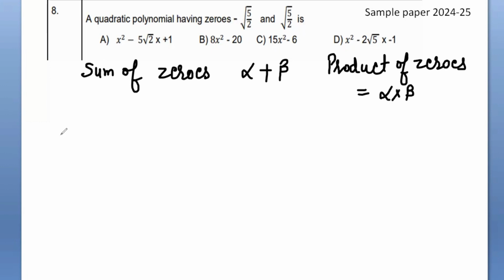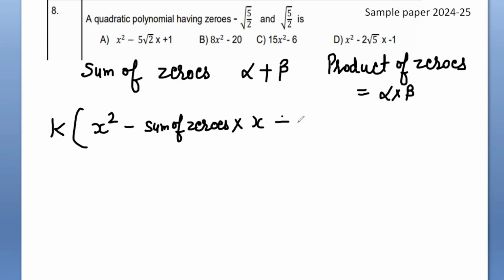Then we can write a quadratic equation as k, which is a constant, times x squared minus sum of zeros into x plus product of zeros.